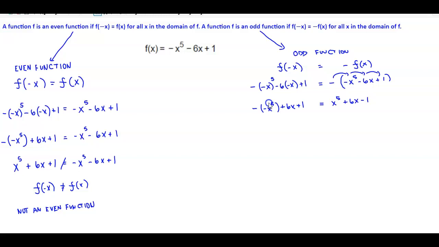And so therefore, when we distribute the negative, we get x to the fifth plus 6x minus 1. And does that equal x to the fifth plus 6x plus 1? It does not. So therefore, we would say that f of negative x does not equal negative f of x. So it's not an odd function.